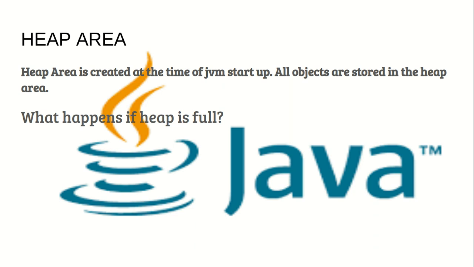Now the heap area is created at the time of JVM startup. That is, whenever your Java process is started, heap area is allocated to your Java process. You can define how much heap area you want to be allocated to your Java process, and we will have a separate detailed lecture about the heap area in Java. But for now, you can just know that the heap area is created at the time of JVM startup.